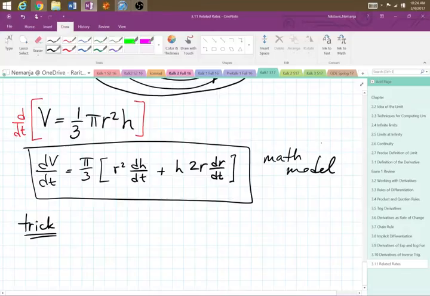Usually radius is easy to measure, right, because it's on the ground. But what are you going to do when the sand pile is 11 feet tall, and you keep adding? We're talking a big quarry, right? You can find out the height, you can find out the radius. That's true, but all of that stuff is changing. I want to measure the change. I can measure the change easily, because I can have a marking on the wall like this, and then the sand is falling like this, and it's creeping up and creeping up.